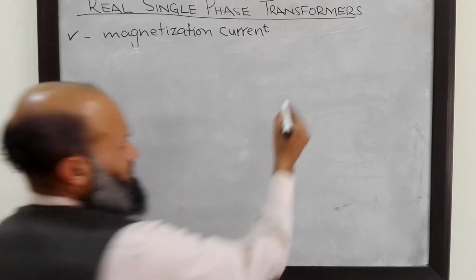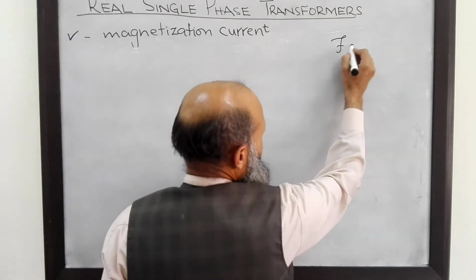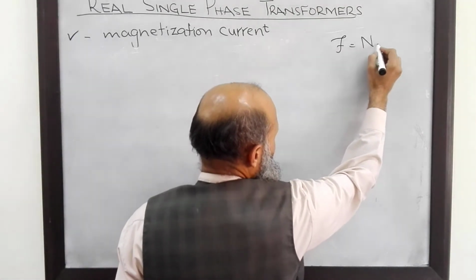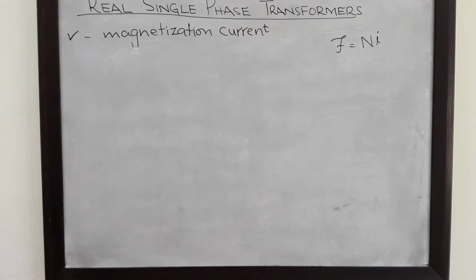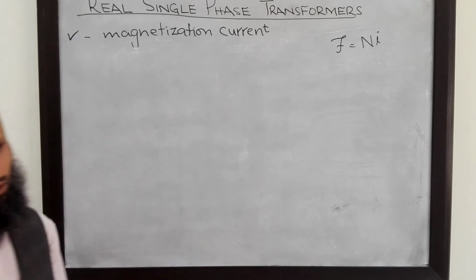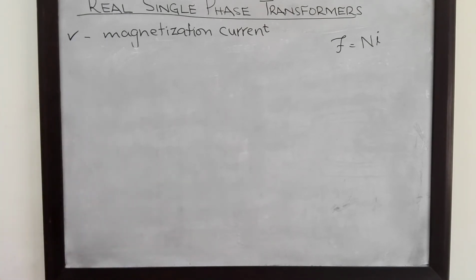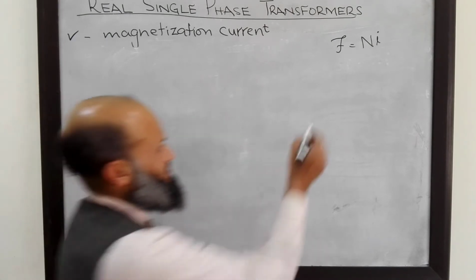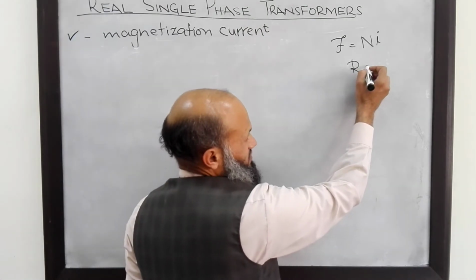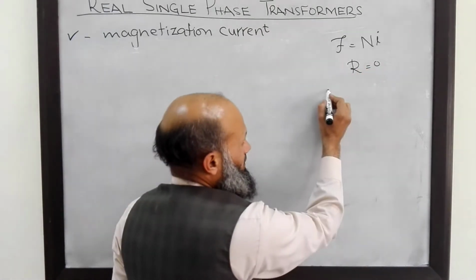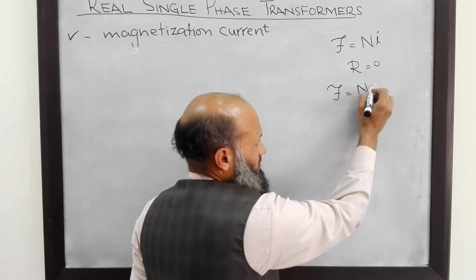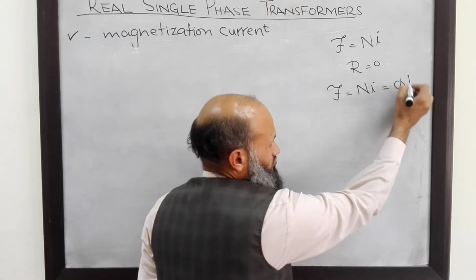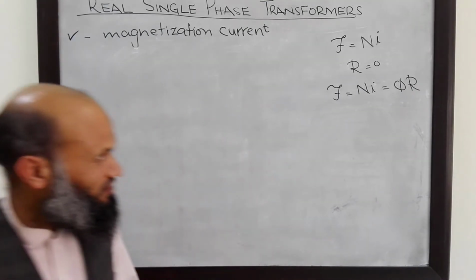So first we talk about the magnetization current. We already know that MMF is equal to the number of turns multiplied by the current. For an ideal transformer, the core is also ideal, that is, reluctance is equal to 0. Hence MMF, which is equal to Ni, is equal to flux multiplied by reluctance.